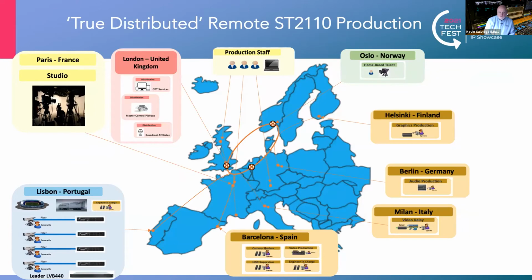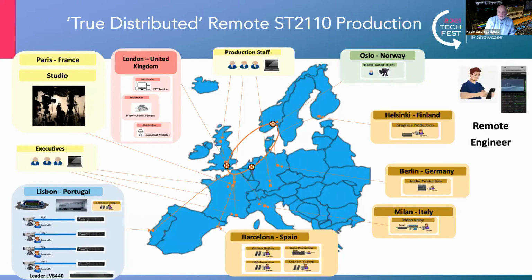And on top of all of this, again, you can have your various execs monitoring the multi-viewer display and remotely, you've got an engineer who can be monitoring all of the LVB440s across the whole installation and tracking and making sure that everything works.